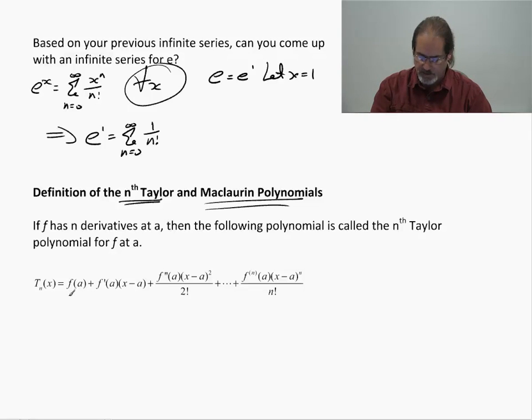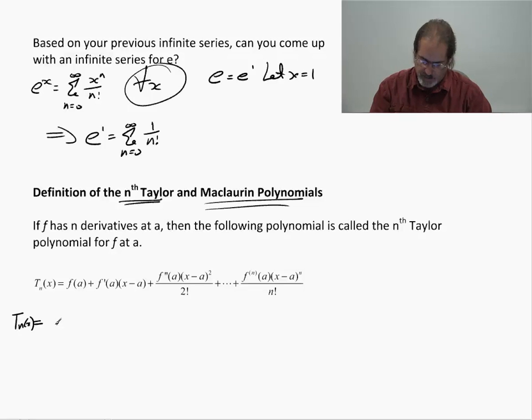T of n equals f of a, that's the 0th derivative, plus f prime of a times x minus a, plus the second derivative times x minus a squared over 2 factorial, all the way out to the nth derivative evaluated at a times x minus a raised to the n over n factorial, which I can write as Tn of x.